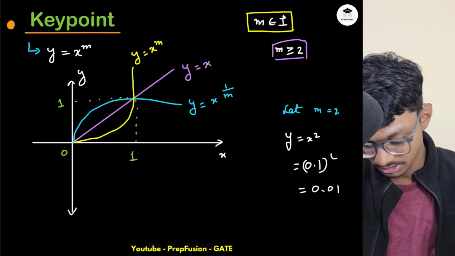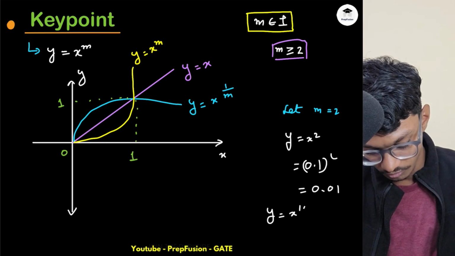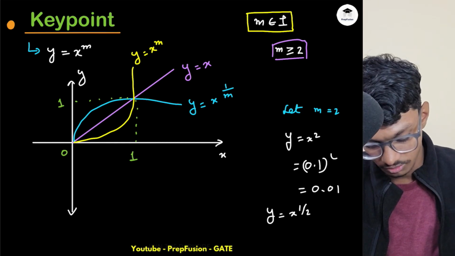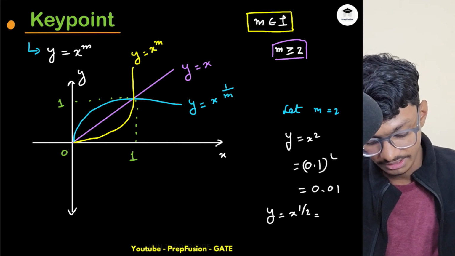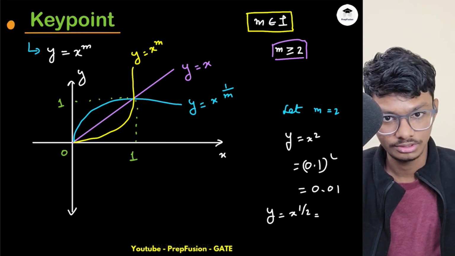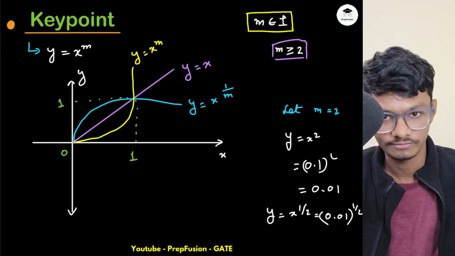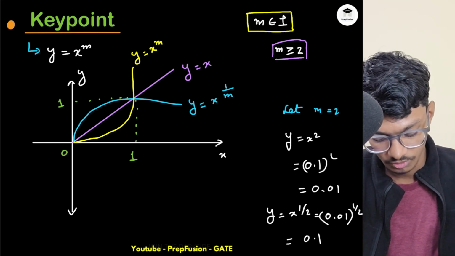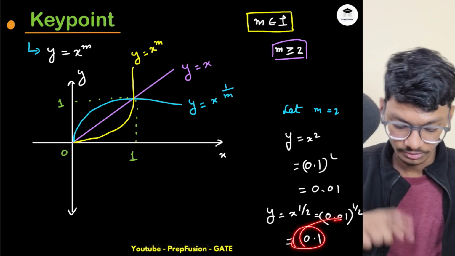Next, let's take the example of a square root function, y is x to the power 1 by 2. If I take x equals 0.01 and take the square root of that, the square root will be simply 0.1. If you take the square of this 0.1, you will get 0.01.